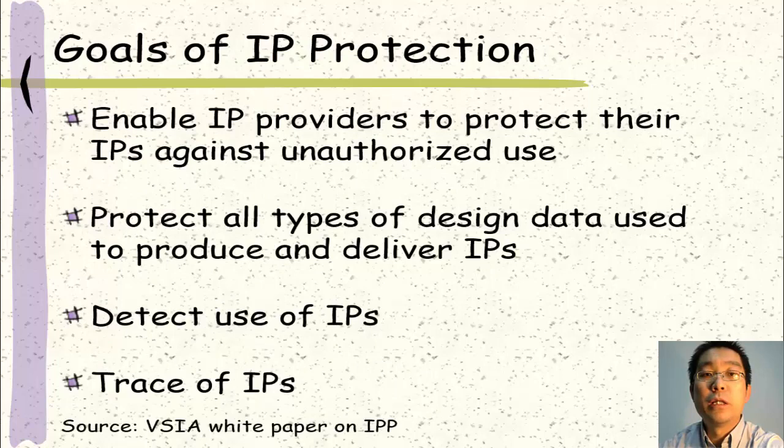The Virtual Socket Interface Alliance has listed the following 4 goals for intellectual property protection. Number 1, enable IP providers to protect their IPs against unauthorized use. Number 2, protect all types of design data used to produce and deliver IPs. Number 3, detect use of IPs. And finally, trace of IPs.